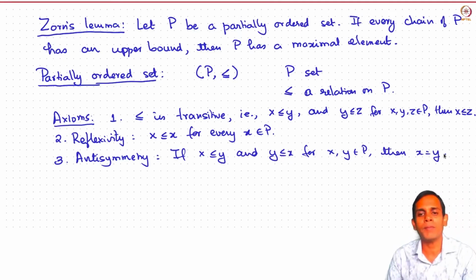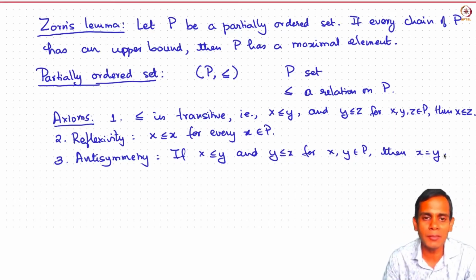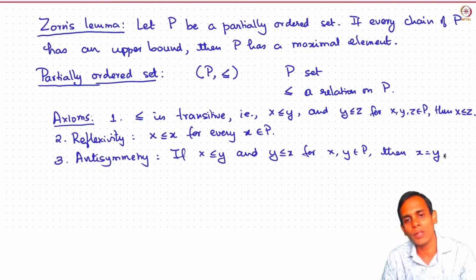These three properties are all properties that you're familiar with. The natural numbers, the real numbers, or the integers all have an order relation which satisfies these properties. But what is more important is what is missing.